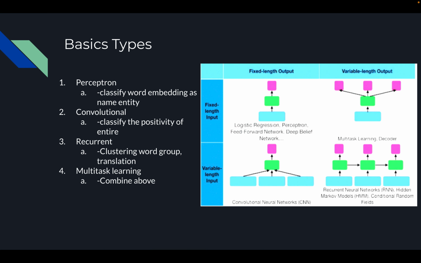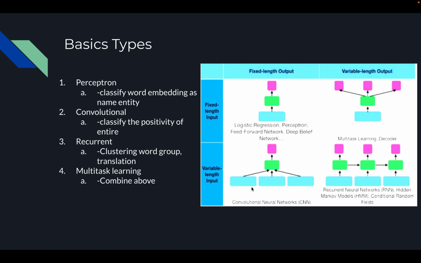And multi-task learning: you just combine all of those. What this tells you is whether the input and output lengths are fixed or variable. A fixed length input and fixed length output will be perceptron. A fixed length of inputs and variable length of outputs will be multitasking.